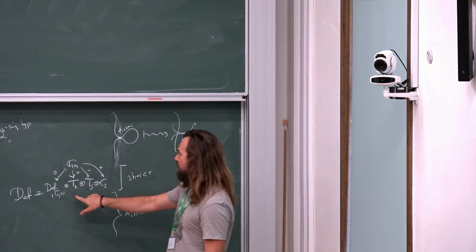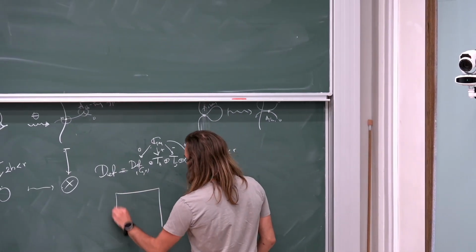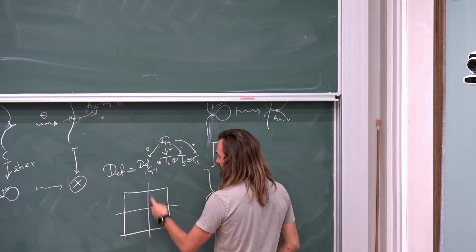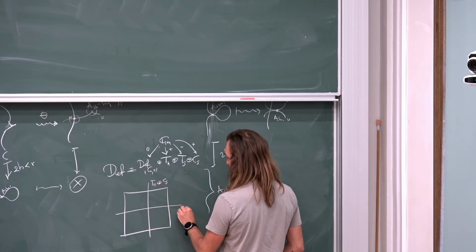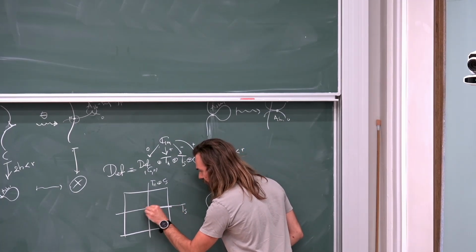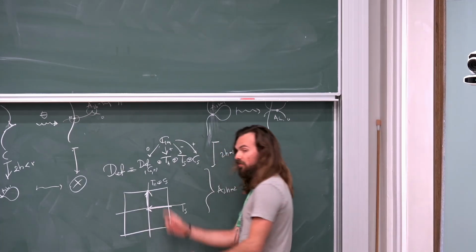So essentially the picture that I'm drawing here, here would be your Tm plus Cs, here you have your Ts, and this is exactly the situation where your flow goes in one direction in one component and in the opposite direction on the other.